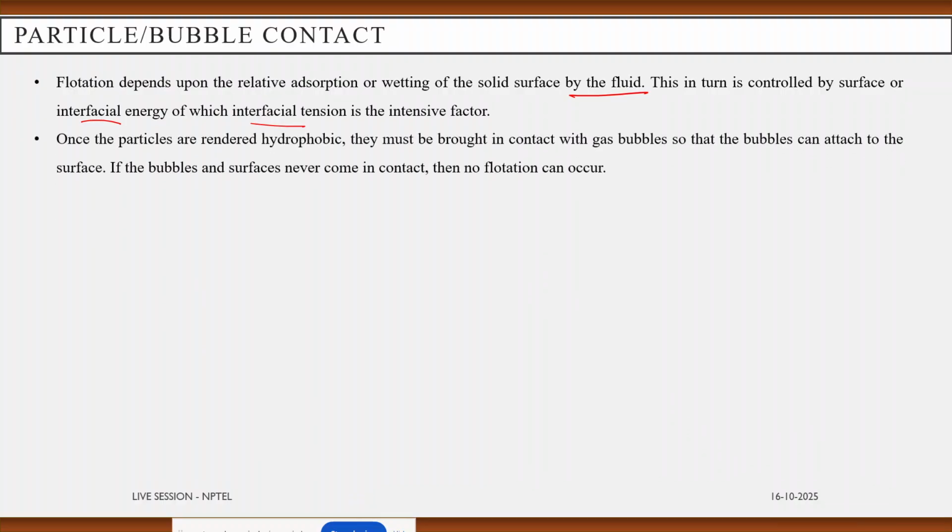Now, once the particles are rendered hydrophobic, they must be brought in contact with the gas bubbles so that the bubbles can attach to the surface. If the bubbles and the surface never come in contact, then no flotation can occur.